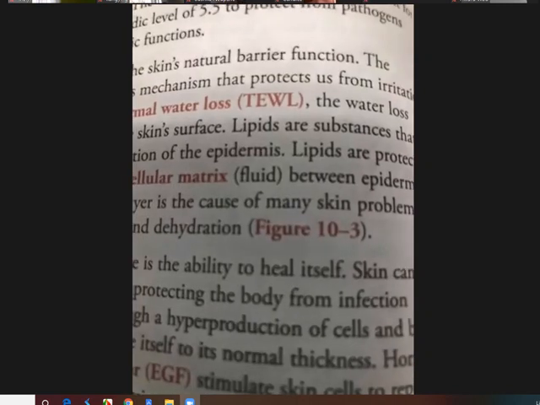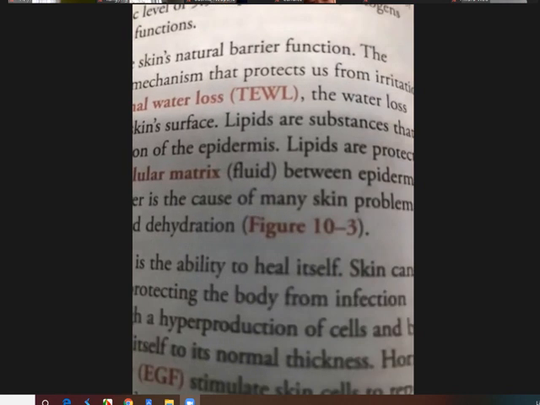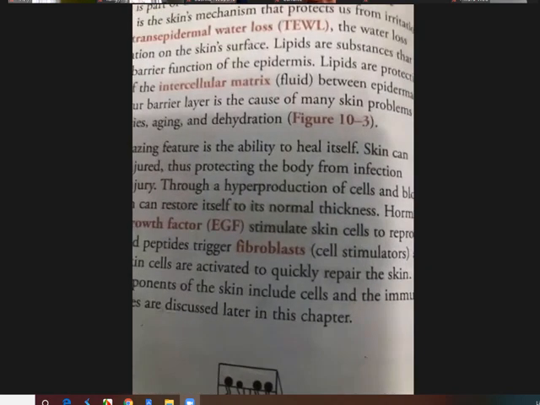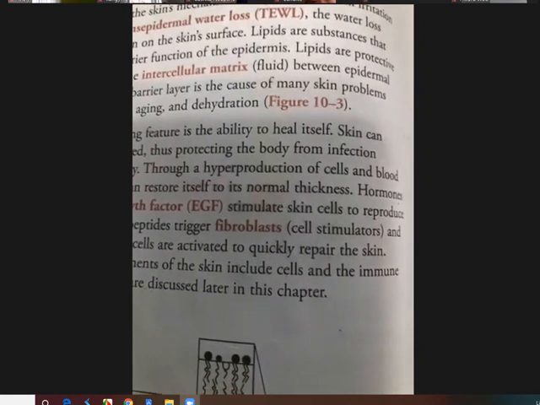Okay, now hyperproduction, this word means overproduction. Okay, normal production and hyperproduction. Hyperproduction means to speed up or too much. Okay, it's hyper. The increase in production faster than normal, that's called hyperproduction.